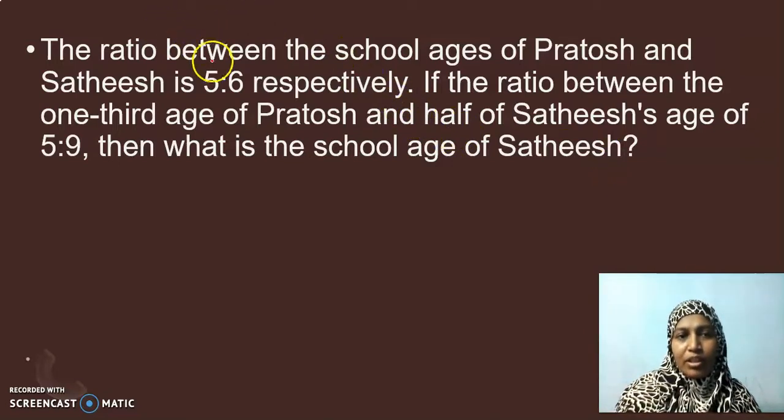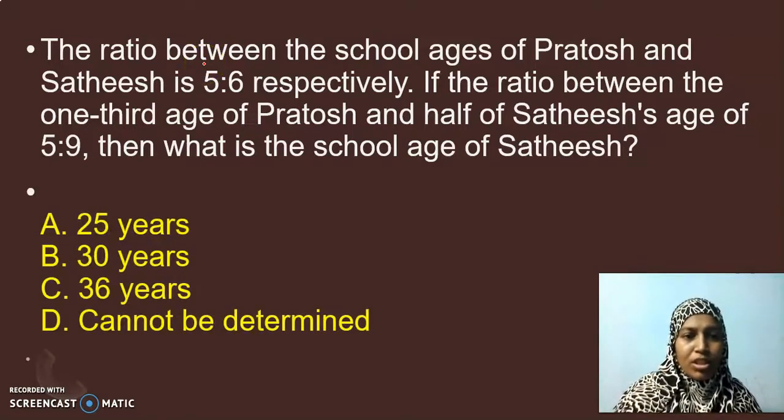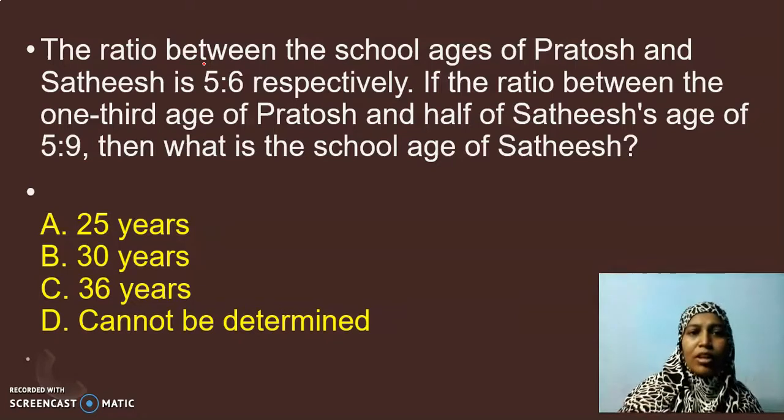I will repeat. Listen carefully and try to frame equations. There are 2 students, Pratosh and Satish. So their ages are 5x and 6x.